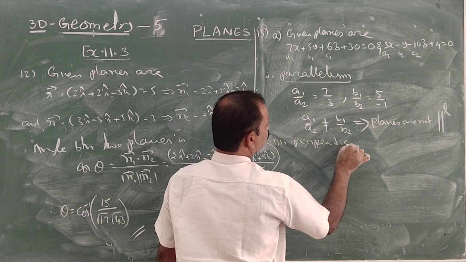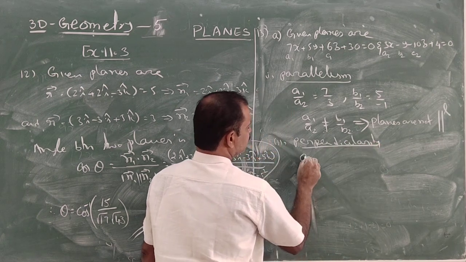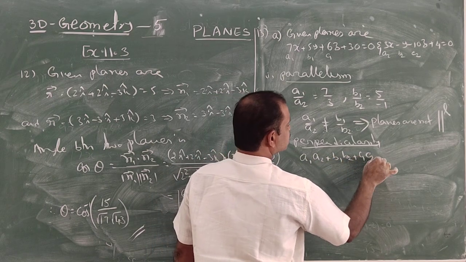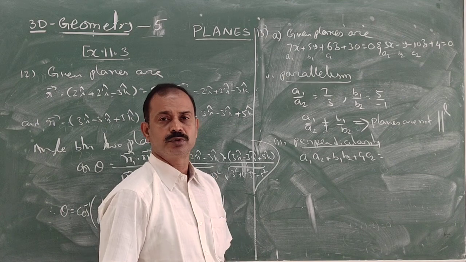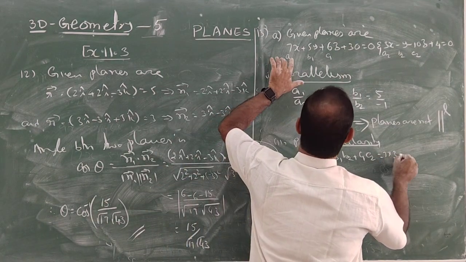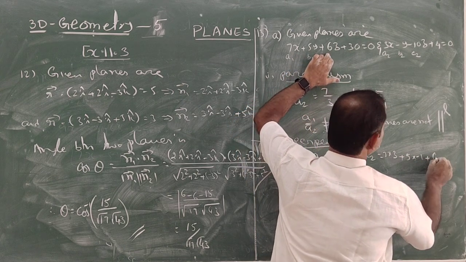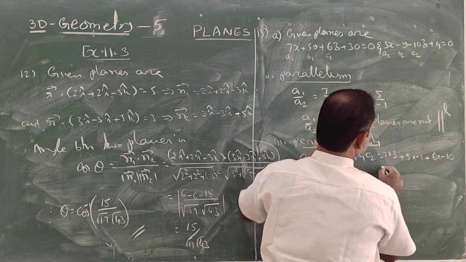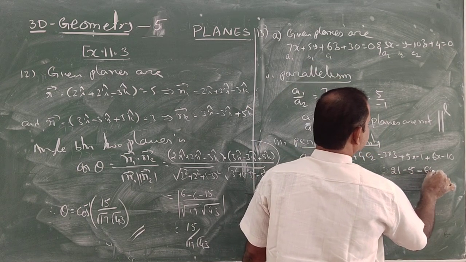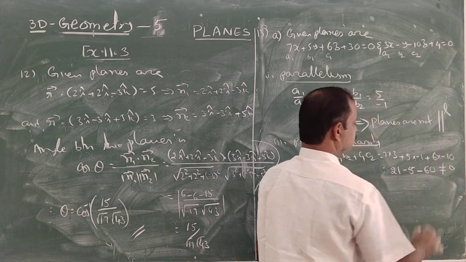So perpendicularity, you have to check for perpendicularity. That is A1 A2 plus B1 B2 plus C1 C2. So multiply 7 into 3 plus 5 into minus 1 plus 6 into minus 10. This is 7 3s are 21 minus 5 minus 60, which is not equal to 0.